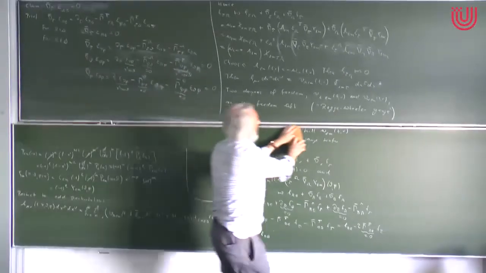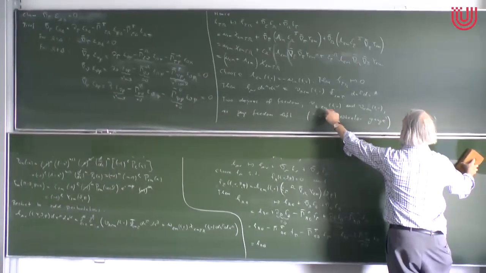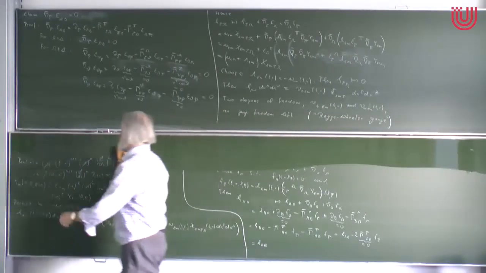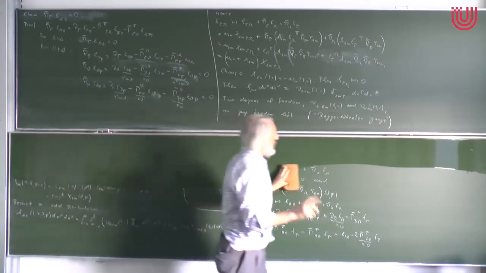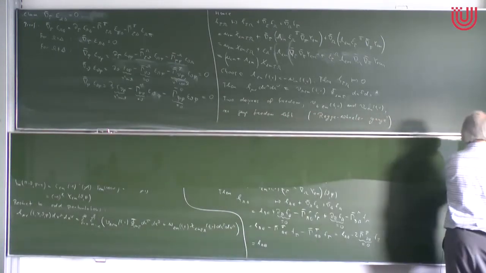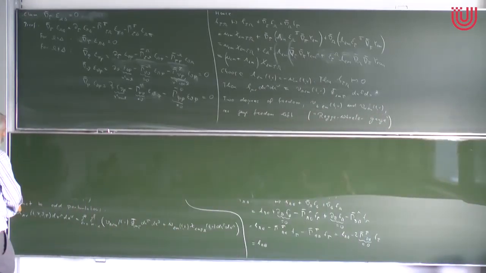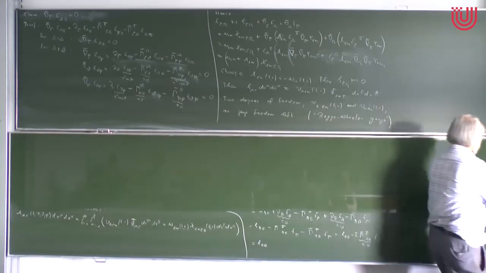So the goal is now to get a differential equation for these two functions, VTLM and VRLM. These two functions are to be determined. And please keep in mind, we do this for a fixed L and a fixed M, because the gauge was chosen adapted to a particular choice of L and M.